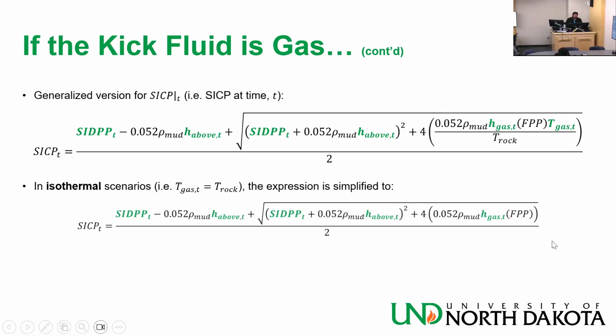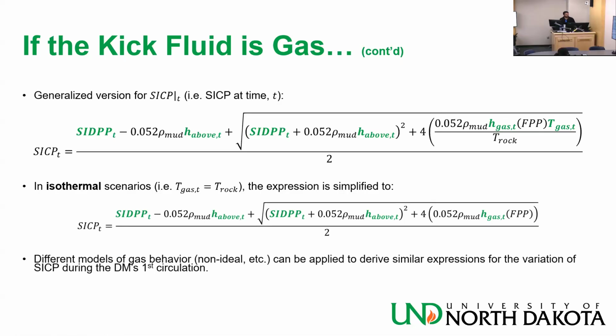Yep, there you go. I forgot I had it here. Different models of gas behavior, like non-ideal gas, which is PV equals ZnRT, can be applied to derive similar expressions for the variation of SICP during the Driller's method first circulation.